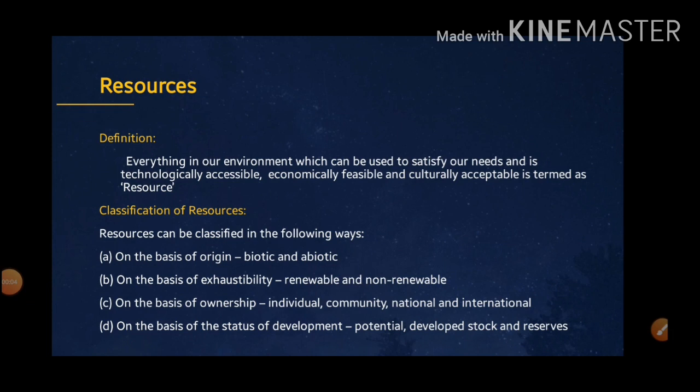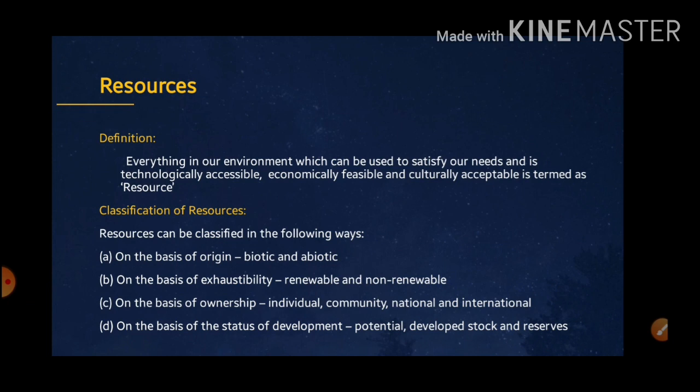Resources. Here is the definition for resources. You can go through it. Everything in our environment which can be used to satisfy our needs. That is what I told you already. It can be a service, it can be a thing, it can be anything which is facilitating humans' needs. So, resources are classified in different ways.